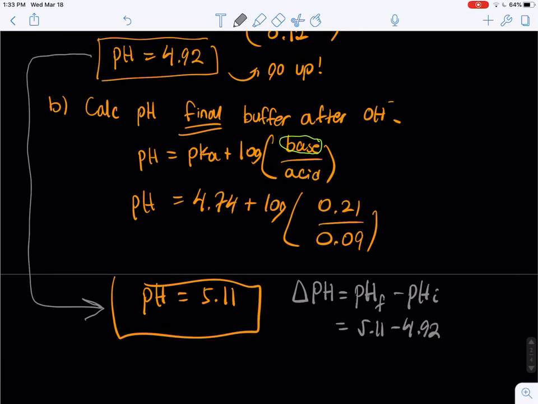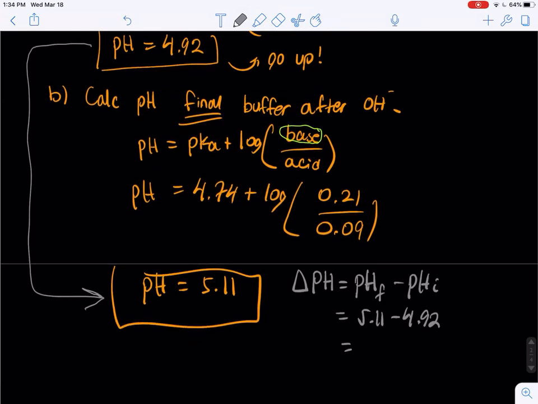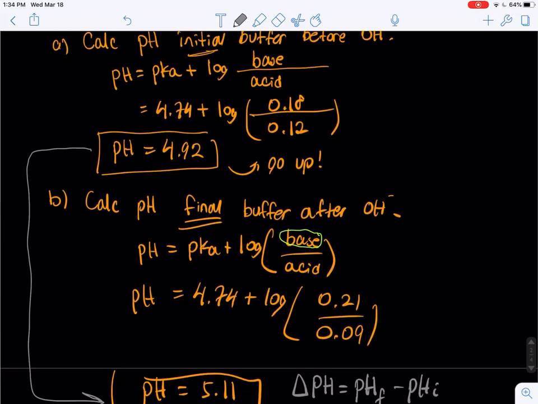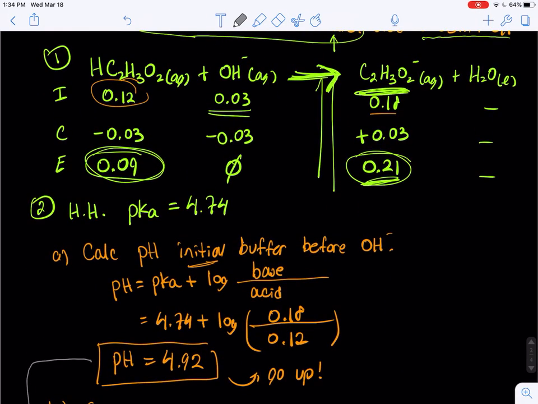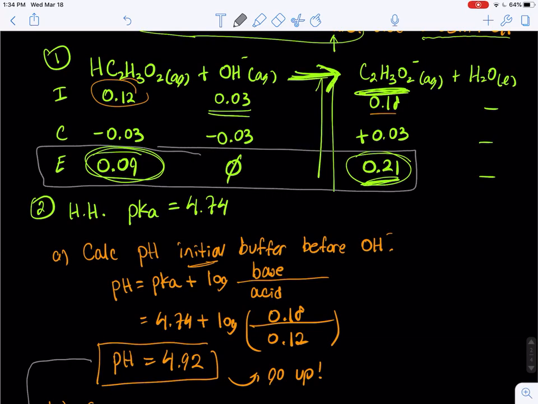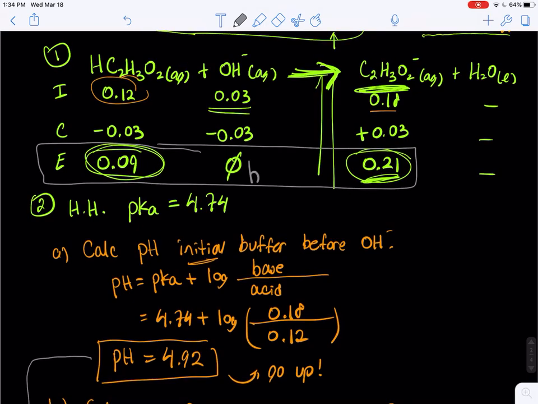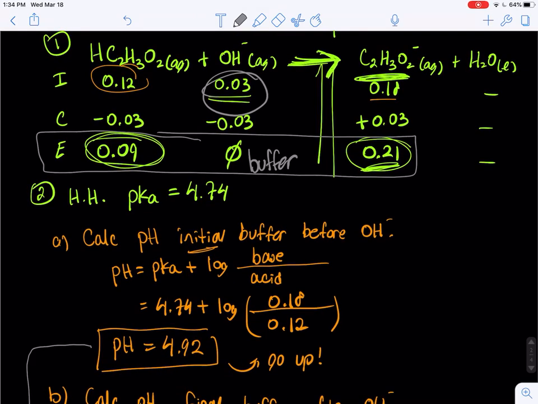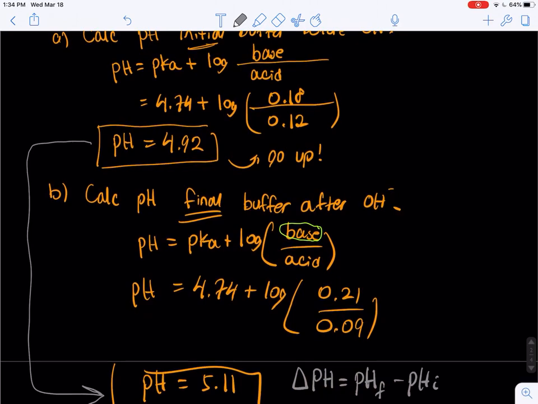Okay, and if we punch that in quickly on our calculator so we don't have to think about it, that's 0.19, okay? So this is still a buffered solution because after reaction you do have quantities of weak acid and weak base still present, so this is still a buffer, okay? This amount of hydroxide that we've added is very small and has not overwhelmed the buffer. It's still within its buffering capacity.